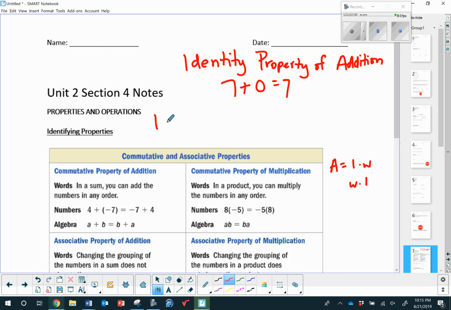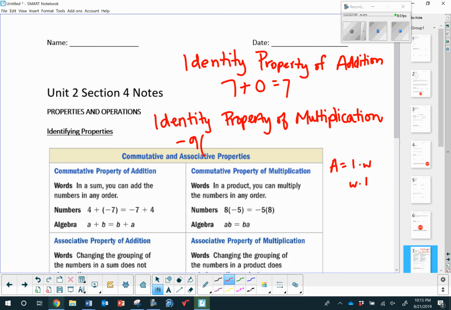The next one I want you to write down is the identity property of, you guessed it, multiplication. All right, so this says that any number times 1 equals itself. -9 times 1 equals -9. 2 times 1 equals 2.